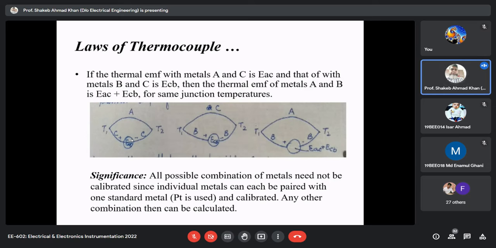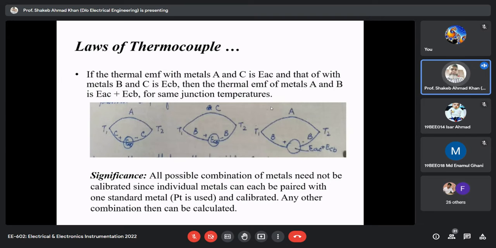Then if you require any combination, AB, AD, AG, AH, whatever combination, or BD, any combination, then you are not required to perform the experiment again. If you are having the calibration table for AC and for BC, then you just add them, you will get for AB. Or by the matter of fact, with any metal DC, any metal EC, whatever.